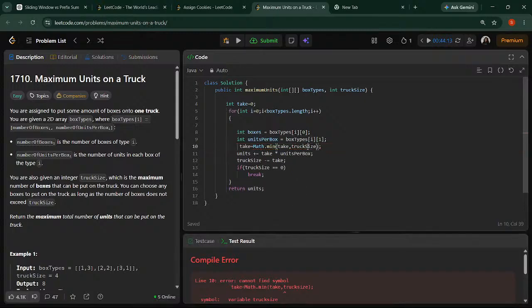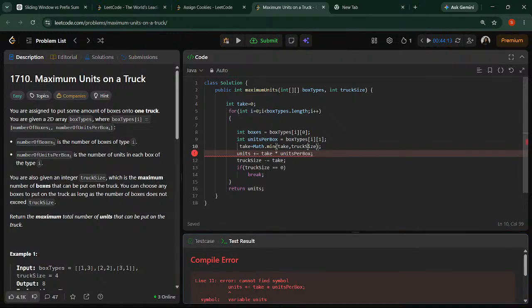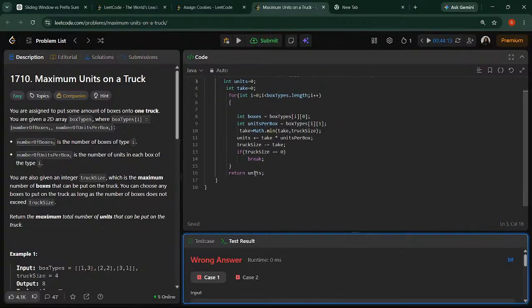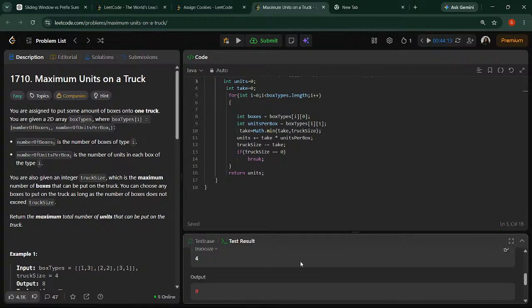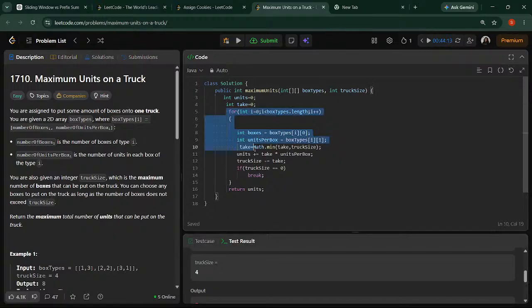Okay, that is capital. I guess I should also write int units equal to 0. Wow. Output is 0. Return units. I have returned the units inside, outside the loop.